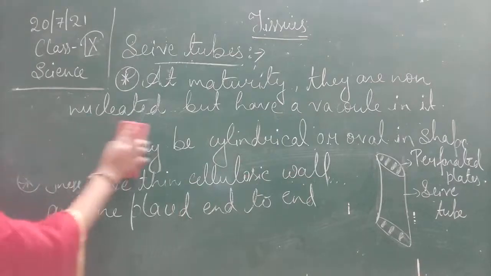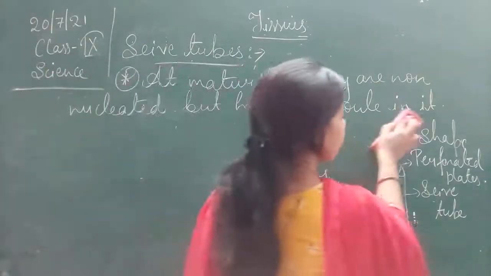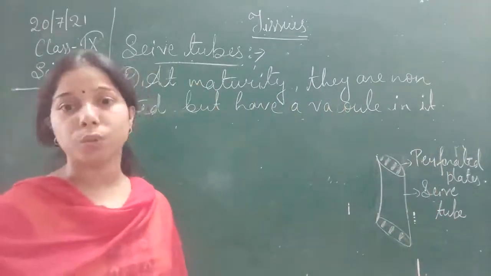Between the sieve tubes, you will find the perforated plates, and these perforated plates are responsible for taking the food from one end to the other end.